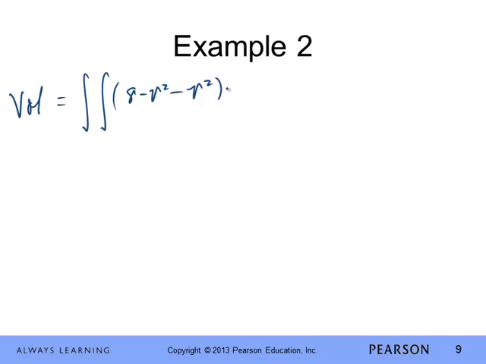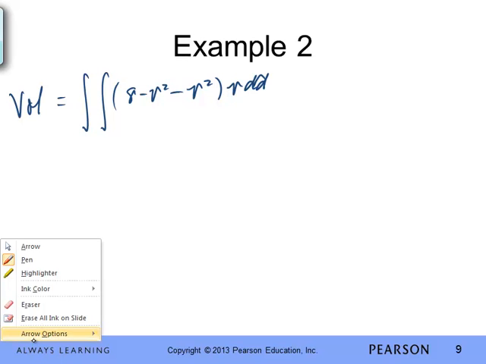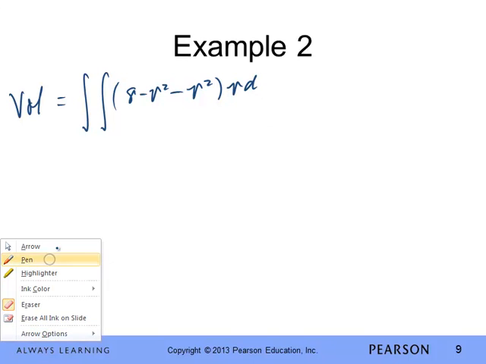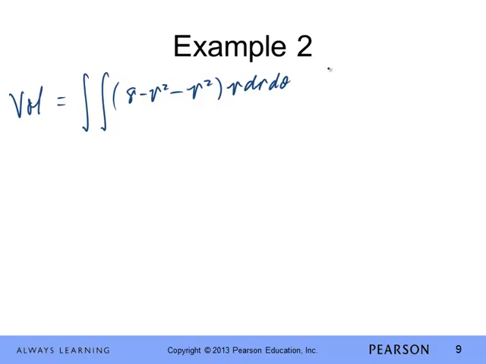And then remember the dA element is r dr d theta. Remember, r is going to go from 0 to 2. Theta goes from 0 to 2 pi. So simplify the integrand. Have 8r minus 2r cubed dr d theta.